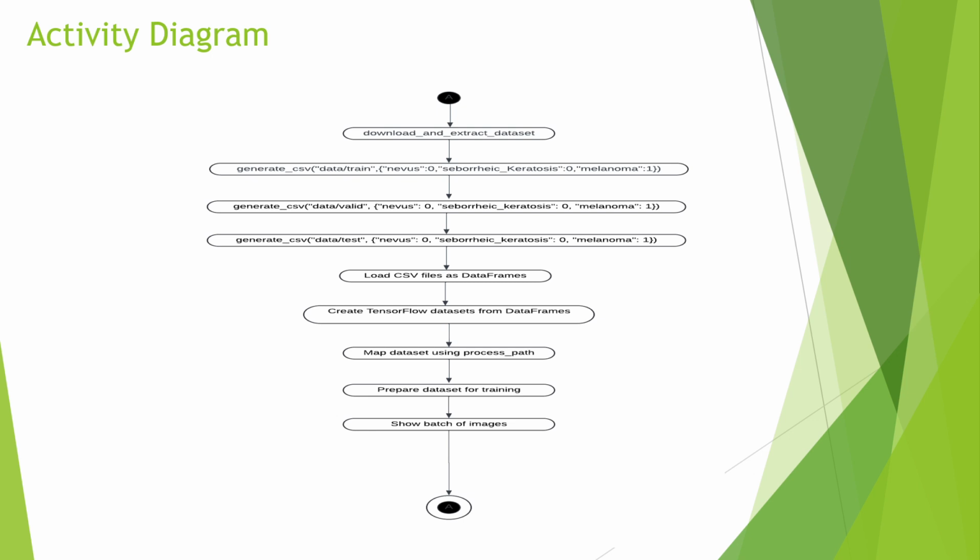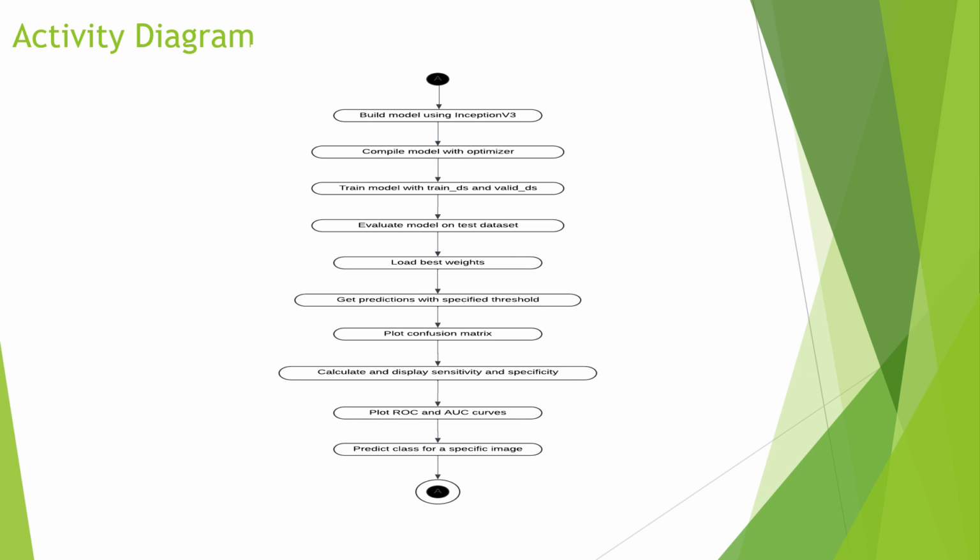Then we load the CSV files into data frames, convert the data frames into TensorFlow datasets, map the dataset using the process path function, prepare the dataset for the training process, and lastly we display a batch of images from the dataset. Activity diagram 2 details the steps from building the model to making predictions and evaluating its performance.